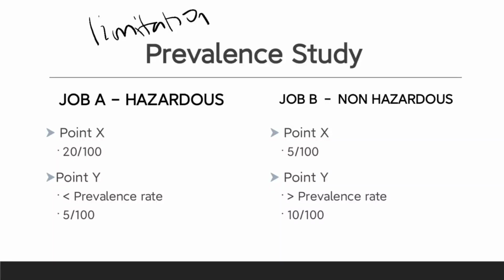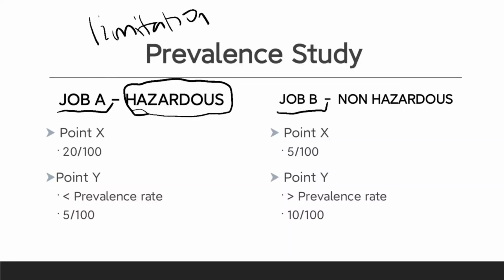Okay, to further understand what I'm trying to say, let us say na in a company, meron daw 200 workers. Ayan, okay? Yung nasa job A and nasa job B. So, 100 workers nasa job A, 100 workers nasa job B. So, hypothetically, yung job A comes with a hazardous, no, delikado exposure.